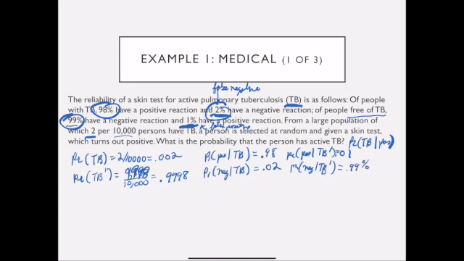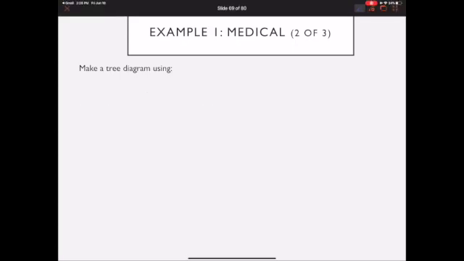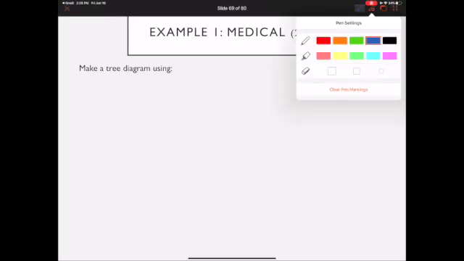Okay, so I need to find the probability of TB and positive, and that's what we're going to find from our tree diagram. So let's go ahead and make a tree diagram. Cool.